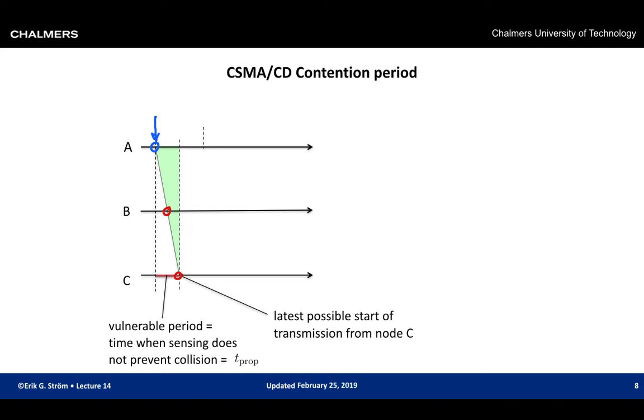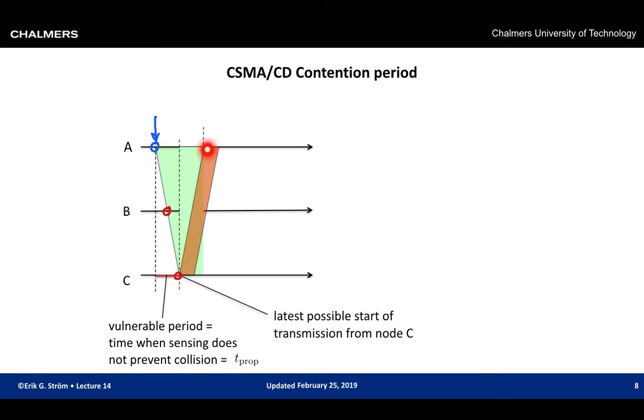Suppose we have maximum unluckiness here, in the sense that C, just a fraction of time before the frame from A arrives, senses the channel and then starts to transmit its frame here.